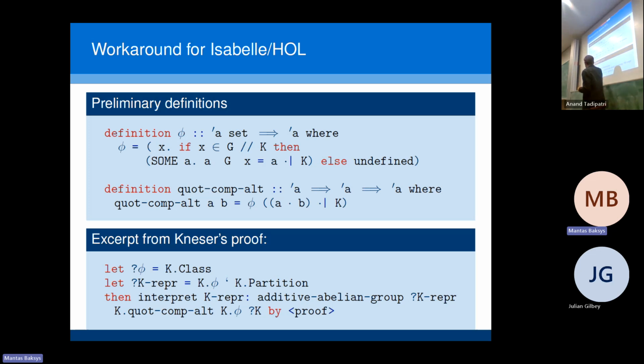We had to interpret the representative group as an additive abelian group with this new abelian group operation. And this again requires proof. So I've left out the proof here, but it's a trivial one, although something you still have to prove in Isabelle. This allows us to use all of the group theory developed by the Jacobson Algebra Library, which we use for our group theory purposes, for the representative group in the re-embedded version, and allows us to finish off the proof in this case.